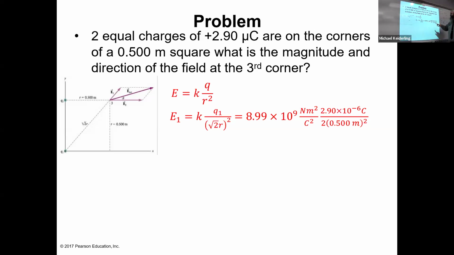It's 8.99 times 10 to the 9 meters squared per coulomb squared times 2.9 times 10 to the minus 6 coulombs, that's the 2.9 microcoulombs, divided by 2 times 0.5 meters squared, which comes out to 5.21 times 10 to the 4 newtons per coulomb. And then this is also at a 45-degree angle.